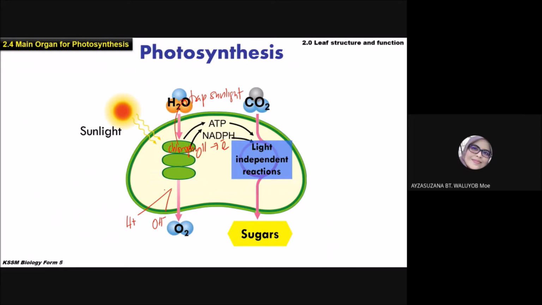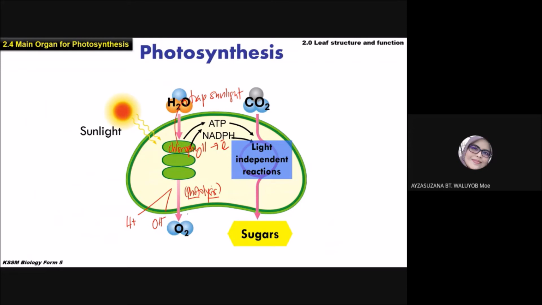Okay, the process of the dissociation of the water is called photolysis. Okay, photolysis of water. Photo is cahaya, lysis is pecah. Jadi cahaya memecahkan molekul air menjadi ion hidrogen dan ion hydroxide.